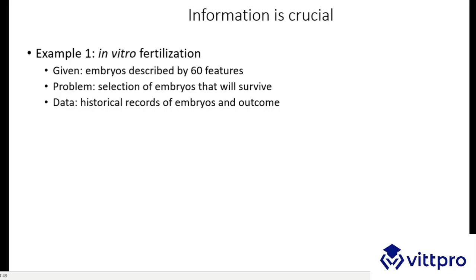Basically what they are looking at is that they have collected historical data on about 60 features of the embryos. They are noting the outcomes, the weight, the color, and maybe other features of the embryos, and then they look at the previous records: what are the outcomes of these 60 features and which ones survived.